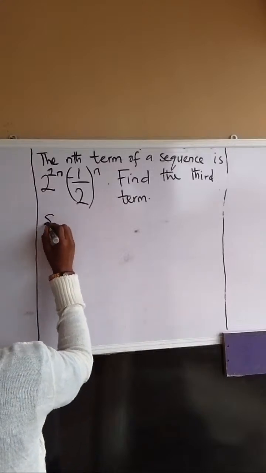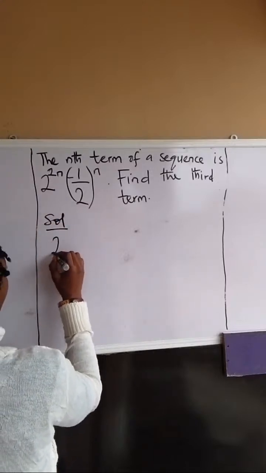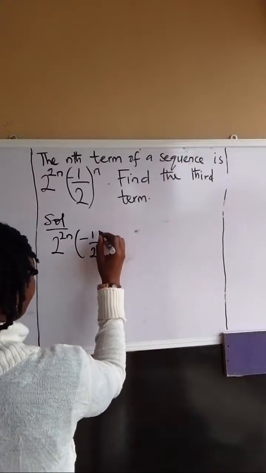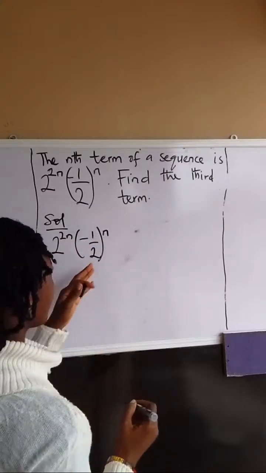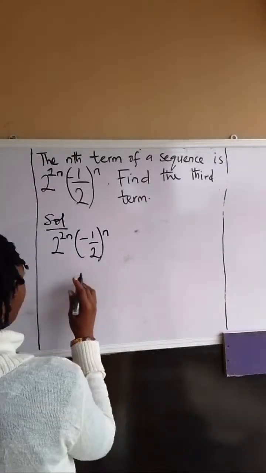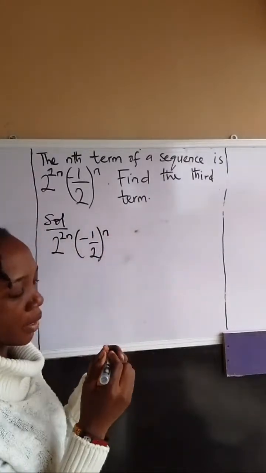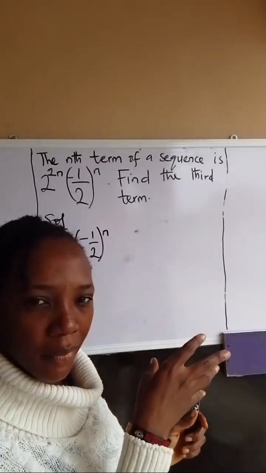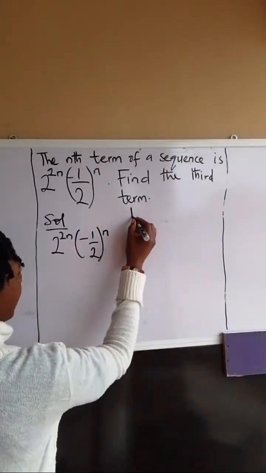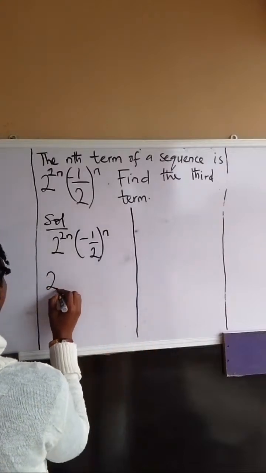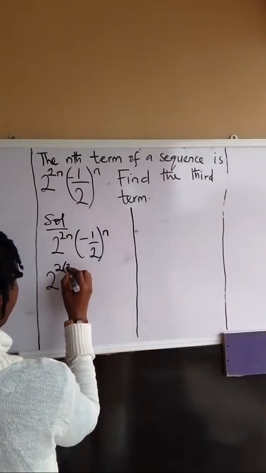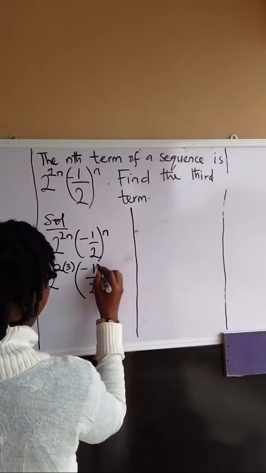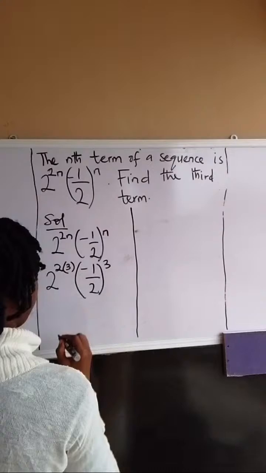Solution: 2 to the power of 2n minus 1 over 2 raised to the power of n. Now, all you need to do is, wherever you see n, you put 3. You put the third term. So it's very easy. You just need to put 2 to the power of 2 in bracket 3 minus 1 over 2 raised to the power of 3.